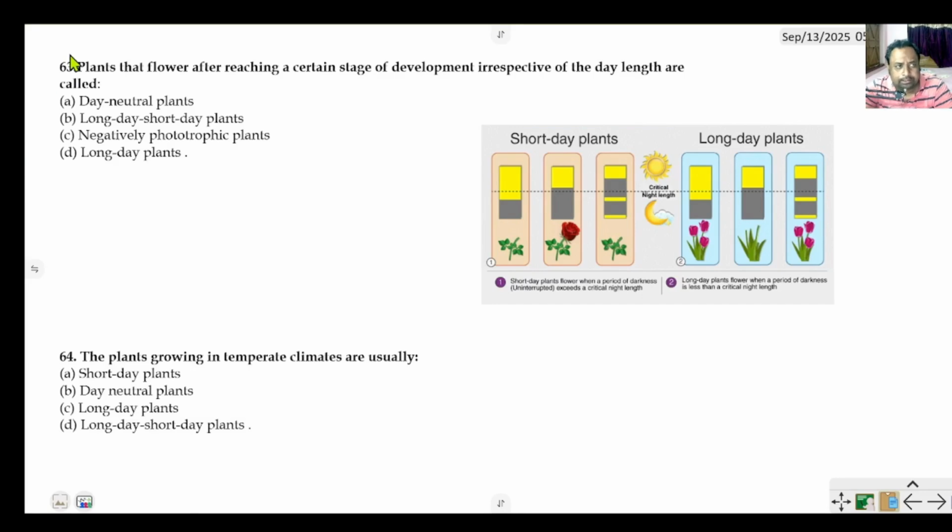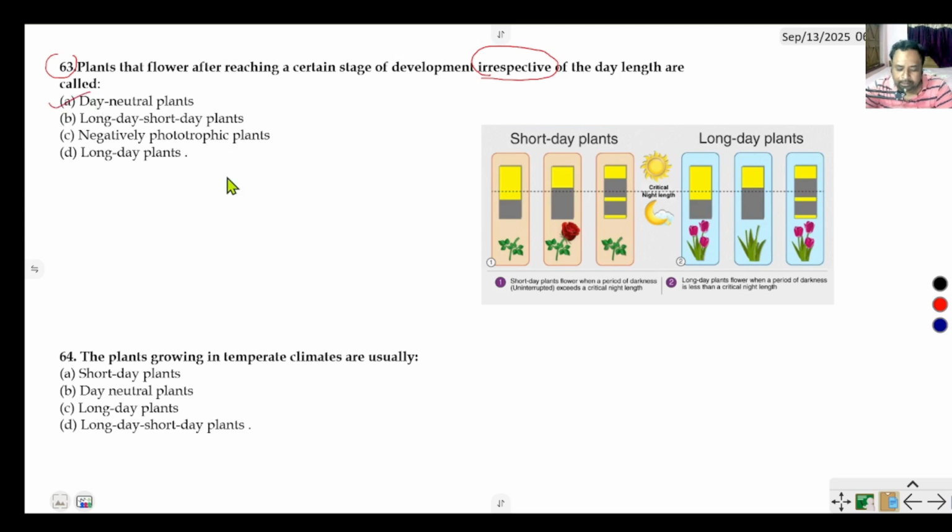Question number 63 says, plants that flower after reaching a certain stage of development irrespective of the day length. The plant flowering occurs but does not depend on day length. That is called a day neutral plant.